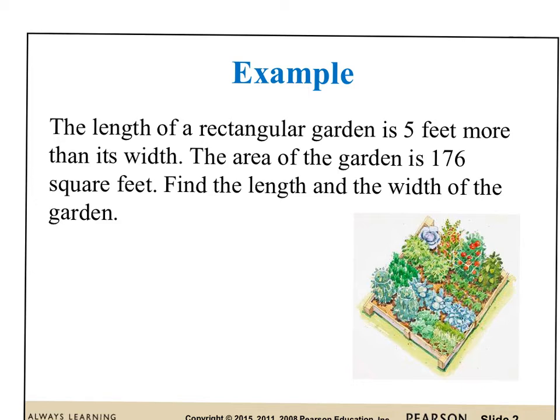And since we don't know what the length and the width are, we're going to have to figure out variables to represent those. The one thing that we are told is that the length is 5 feet more than the width.